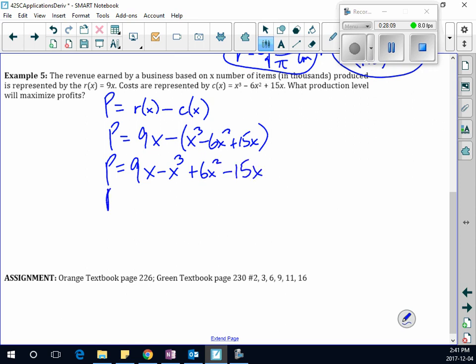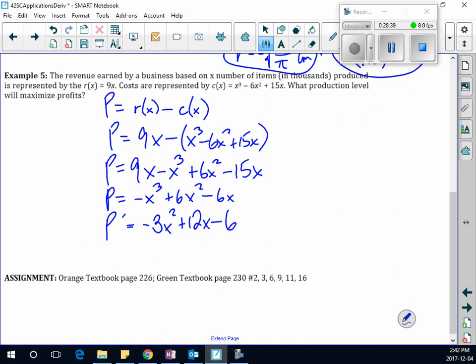So that will simplify to be negative x cubed plus 6x squared minus 6x. Okay, so then again, in order to maximize profits, we need the derivative. P prime is negative 3x squared plus 12x minus 6.